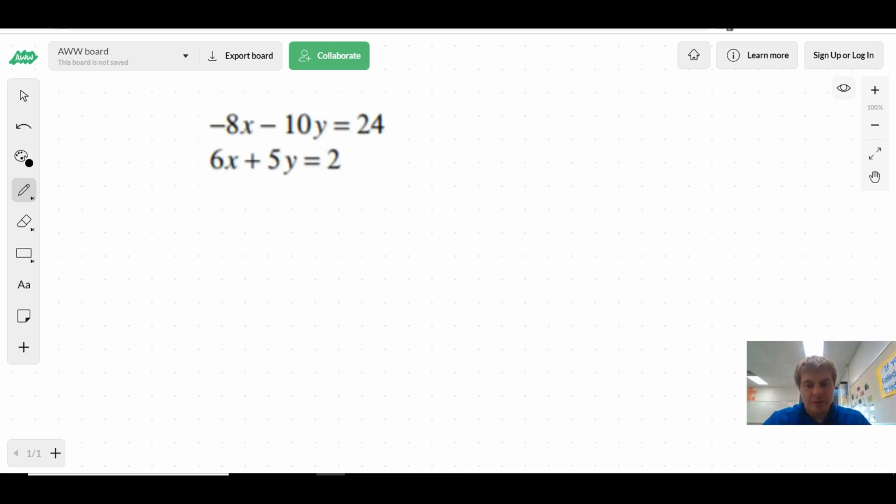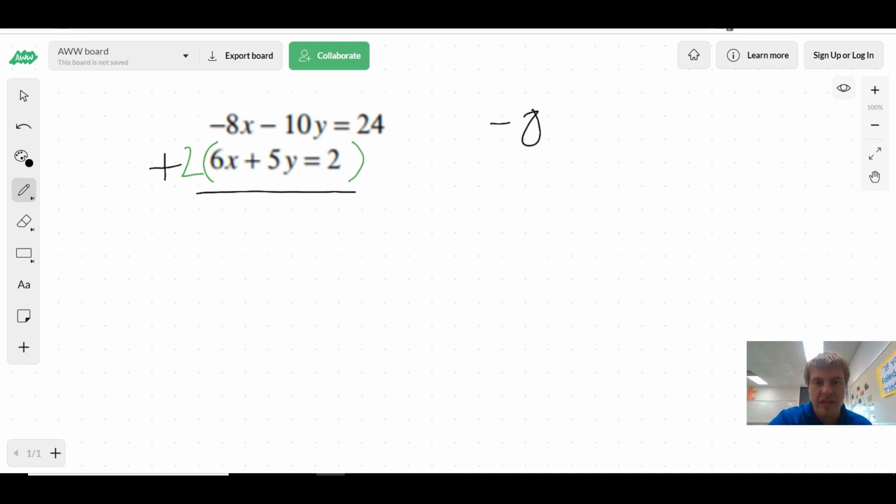So for this problem, we would want to use elimination again, because these things are stacked. The problem is nothing will cancel out if you add. So what we are going to do is multiply this bottom equation by 2, because that will make this -10 and this 5 match.